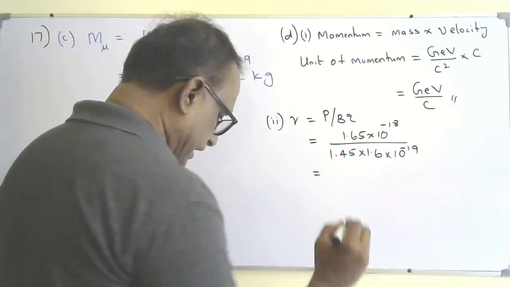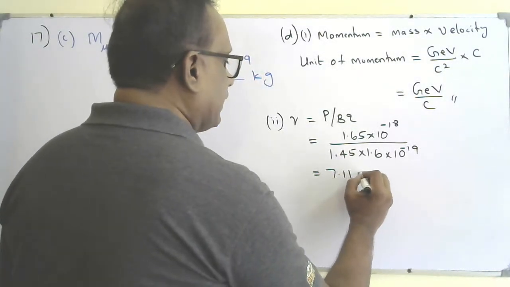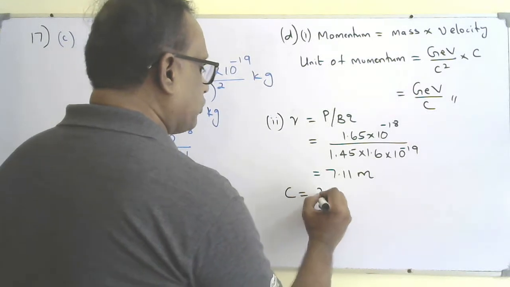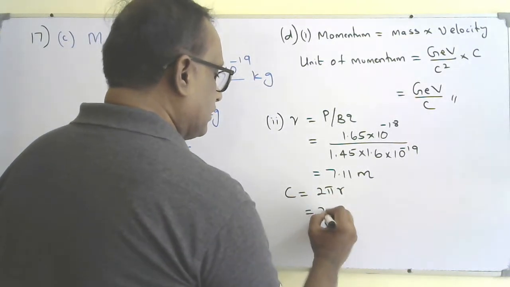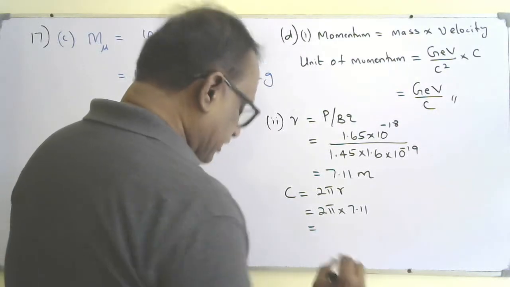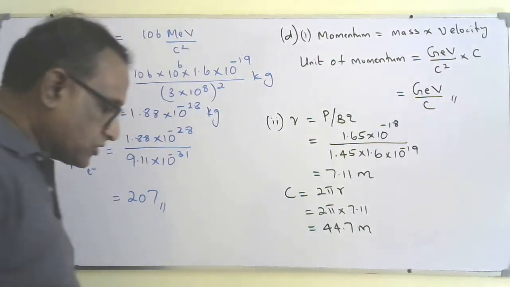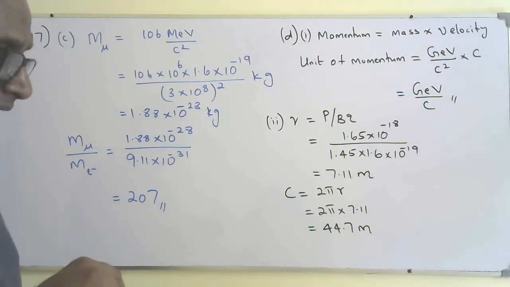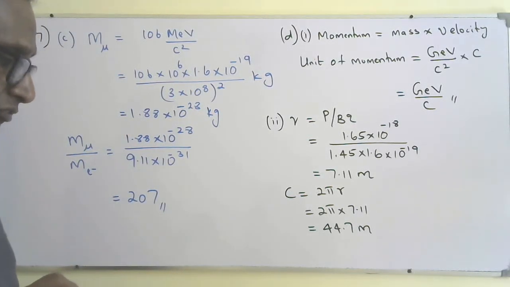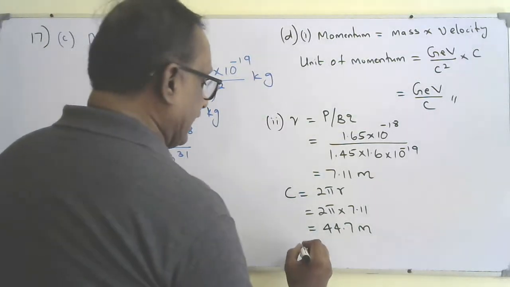So the radius will be equal to 7.11 meters. So the circumference, 2πr, 2π times 7.11, is 44.7. The question also says the muons are kept in a ring of circumference 44.7. So these values are correct. So the claim is correct.